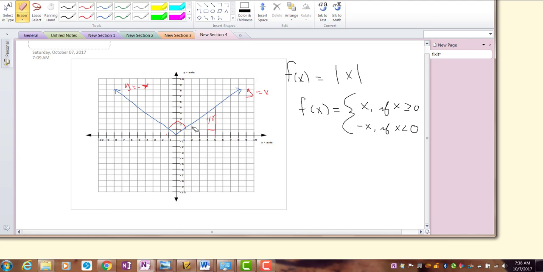But there's another way of also looking at it. Something else that we've talked about in class is, notice what the slope is here on this line. That happens to be a slope of 1. What's the slope on this one? That happens to be a slope of -1. And we've talked about this in class.